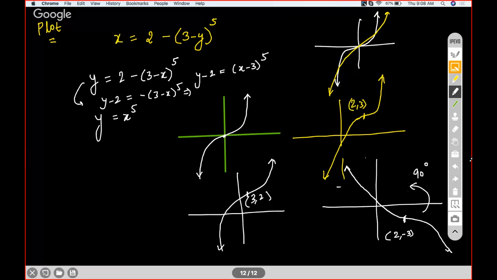Then after that, I brought 2 to that side, so it became y minus 2 equals minus 3, minus of 3 minus x to the power 5. Then the negative sign that was on that side, I basically multiplied y minus 2 with the negative sign, so you get minus y plus 2 equals 3 minus x to the power 5.